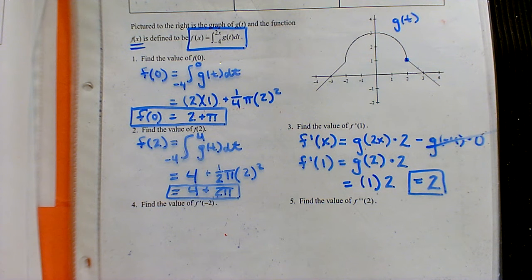Since it's positive, we know the f graph is increasing, even though we don't have the f graph because they gave us the g graph. But nonetheless, we found the value.